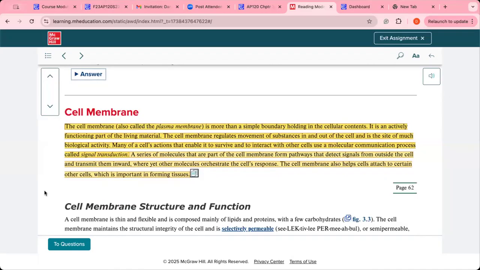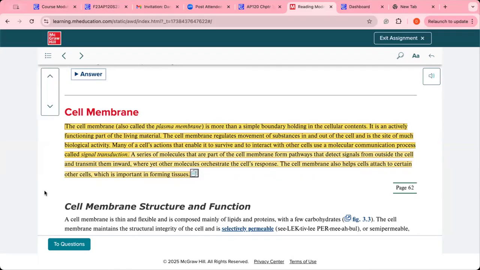A series of molecules that are part of the cell's membrane form pathways that detect signals from outside the cell and transmit them inward, where yet other molecules orchestrate the cell's response. The cell membrane also helps cells attach to certain other cells, which is important in forming tissues.